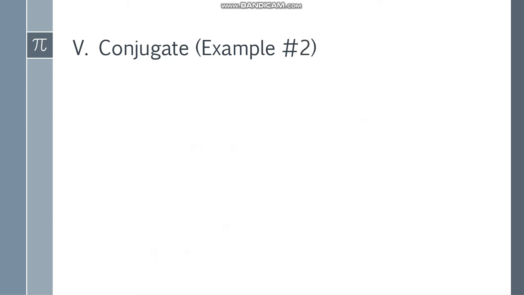Let's go to conjugate example number 2. What if we have this kind of question? Okay, so the radical sign is now at the numerator part. So we have the limit of the function, the square root of x plus 1 minus 3 over x minus 8 as x approaches 8.